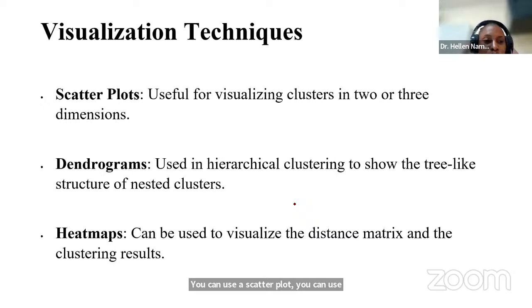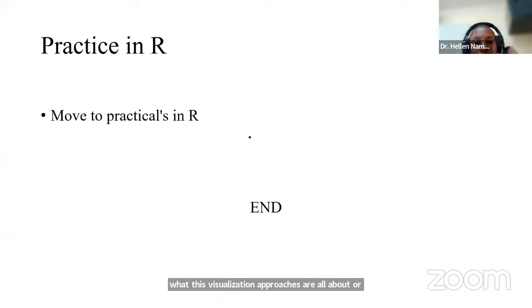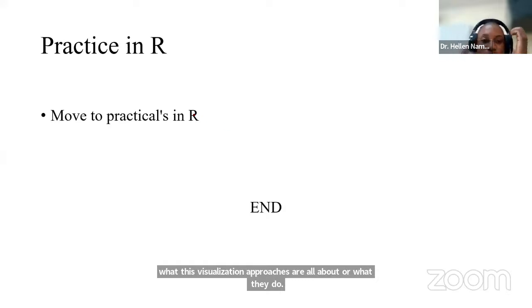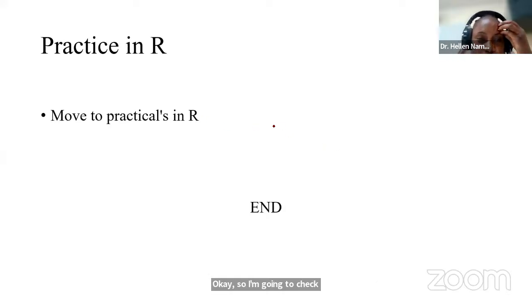At least now we are very familiar with what these visualization approaches are all about, all what they do. Okay, so I'm going to stop here, and then we'll move on to see how we do everything in R, what I've just discussed.